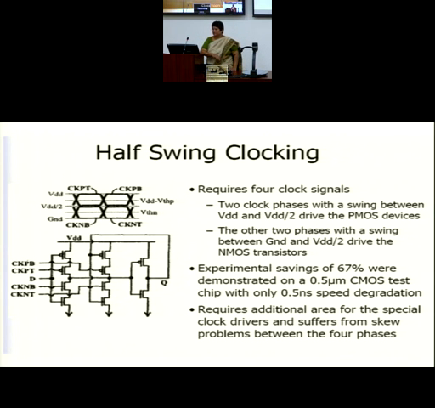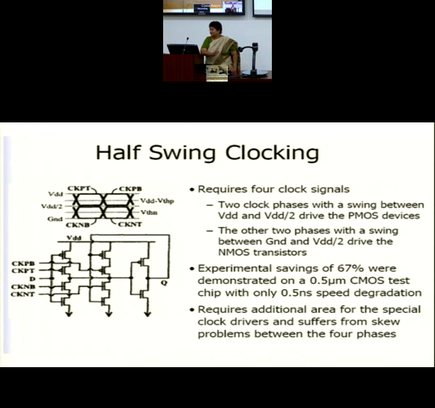Okay, if it is possible, then can I redesign those flip-flops which are there in the data path, in the pipeline, to work with these half clock swings? And hence they devised a strategy called half swing clock. They designed a complete strategy, especially targeting the flip-flops which are receiving the half clock swings.